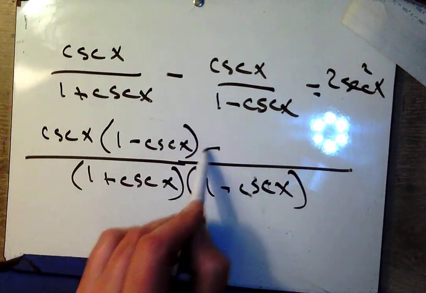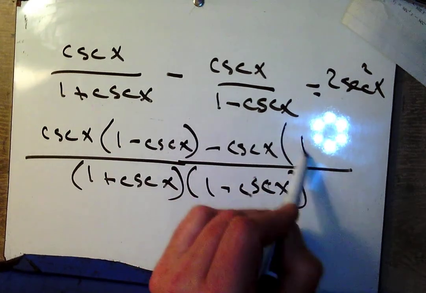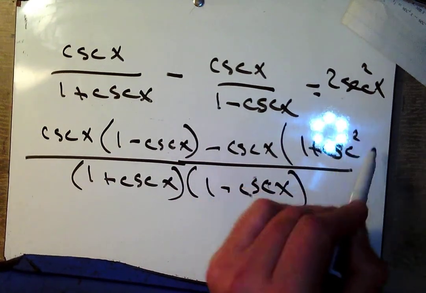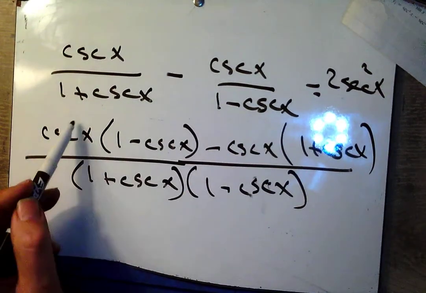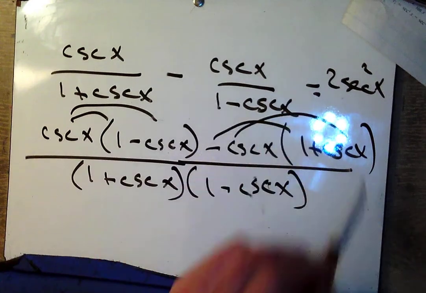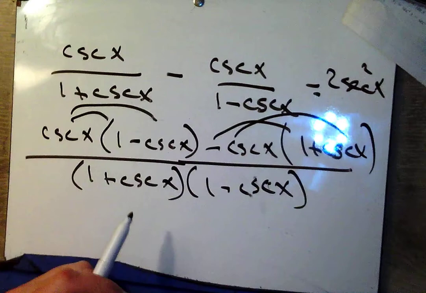And on top we have that minus sign, and we've got cosecant x, 1 plus cosecant x. So here, I really will distribute. I'm not going to resist the temptation to distribute.